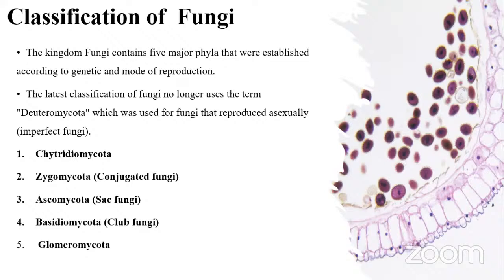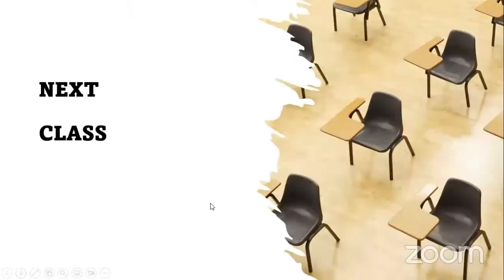For those who have been taught imperfect fungi, it is known now that we don't have anything like imperfect fungi again, because this term was used for those fungi that reproduce only asexually. Now, fungi are classified into the phyla Chytridiomycota, Zygomycota, Ascomycota, Basidiomycota, and Glomeromycota. In our next class, we will look at this in detail and we will have more discussion.